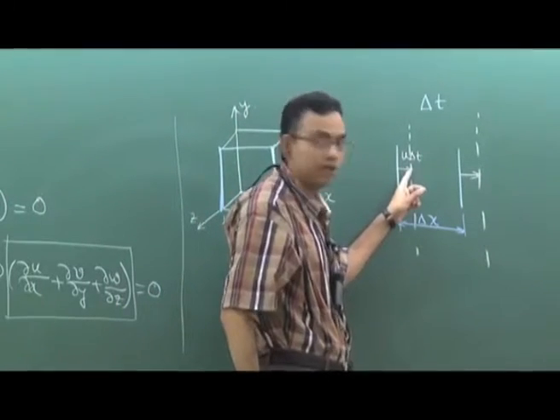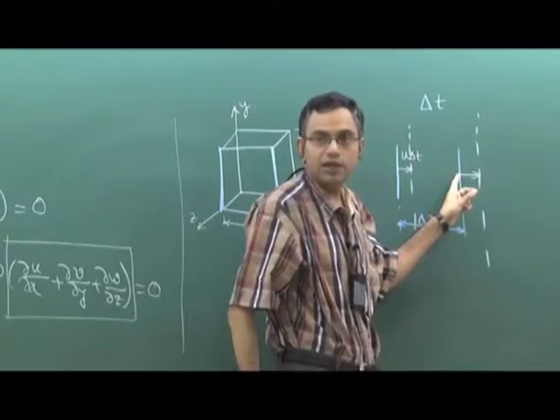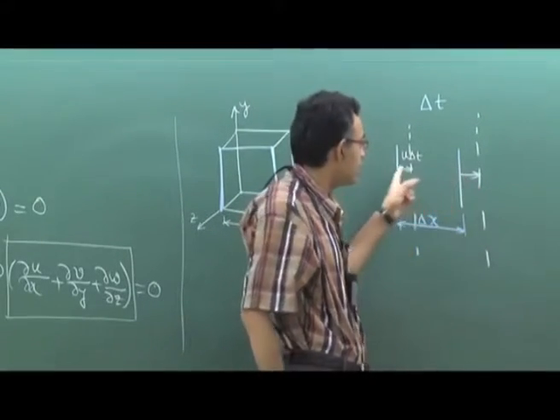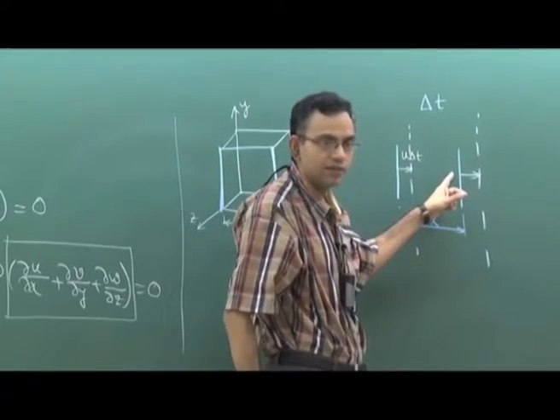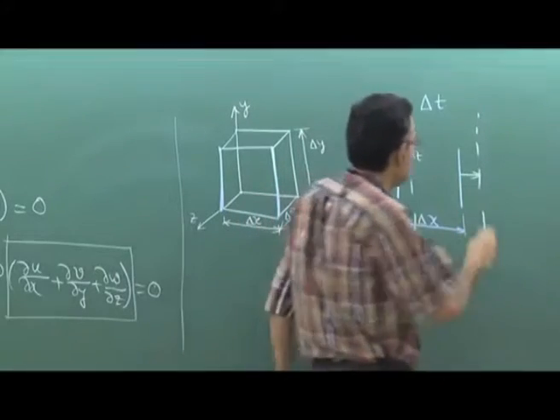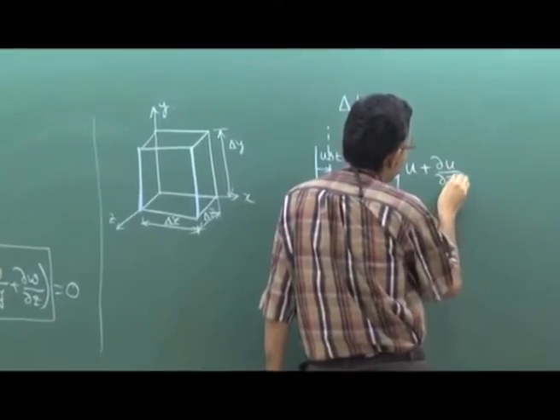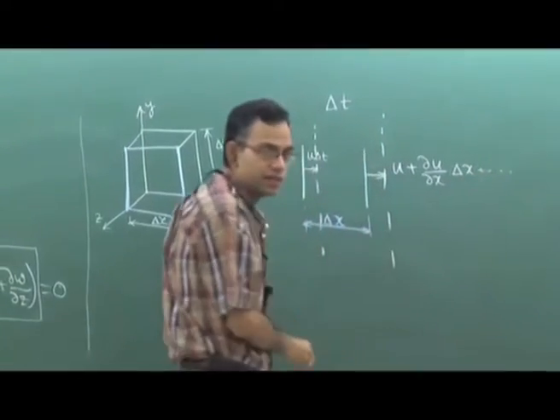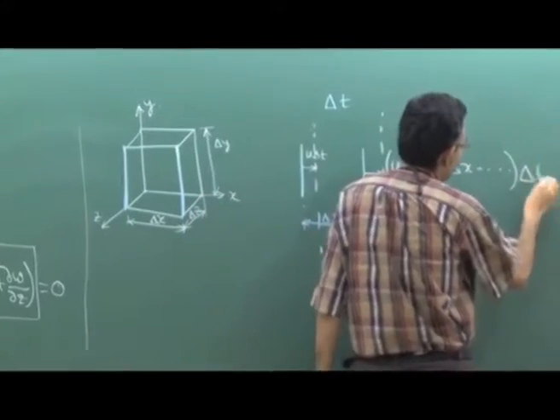The displacement of this is u into delta t. What is the velocity of this line? If the velocity of this line is u, what is the velocity of this line? u plus del u del x into delta x plus higher order terms in the Taylor series, this into delta t.